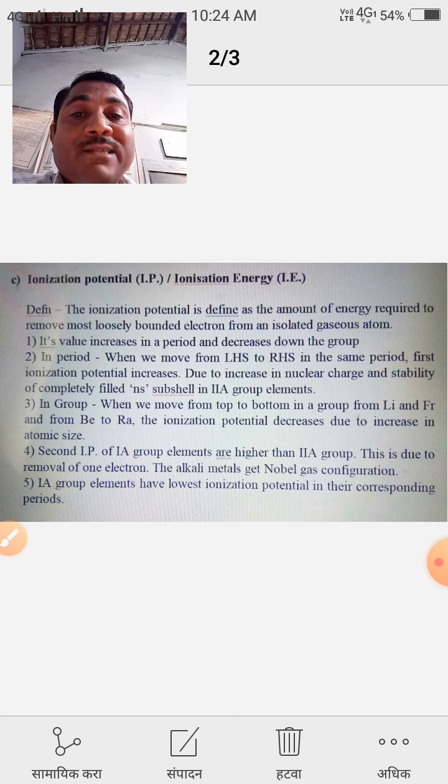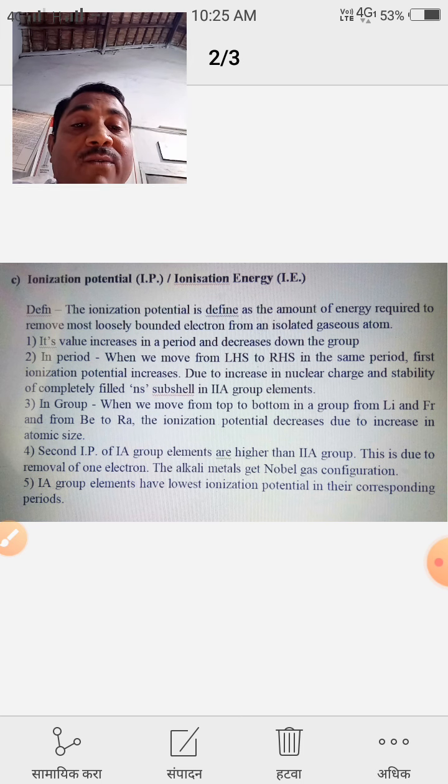Therefore, more energy is required to remove an electron from such a stable species as compared to a second A group element. The first A group elements have the lowest ionization potential in their corresponding periods.